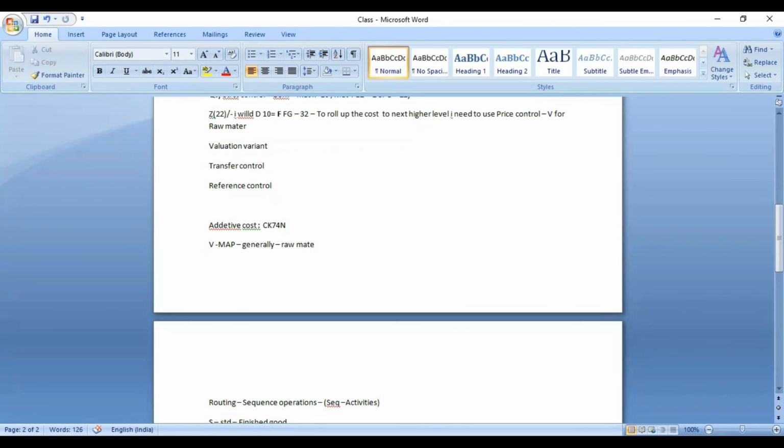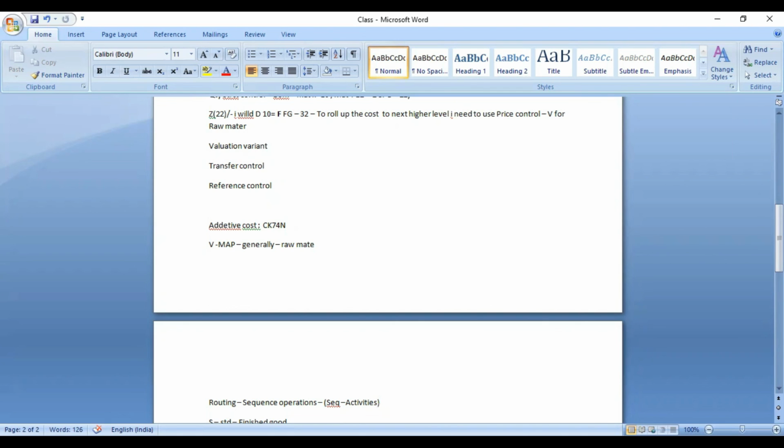In the first operation, cleaning, they need 2 laborers. In the second operation, mixing and grinding, the machinery itself grinds and only one supervisor or laborer is needed, so the labor hours also decrease. Respective activities we can give accordingly based on the operation. We are informing the system, yes, these are the operations and these are the activities. This belongs to routing.